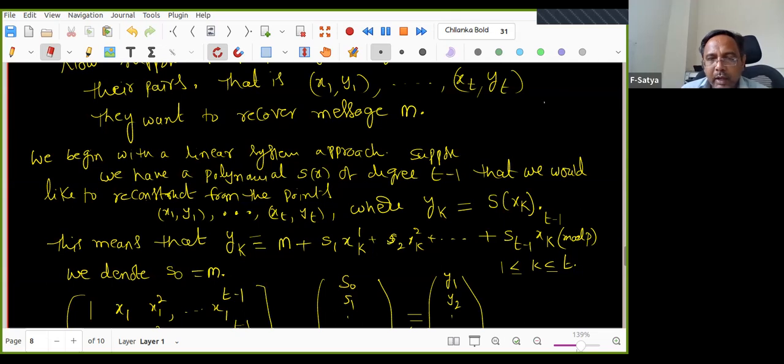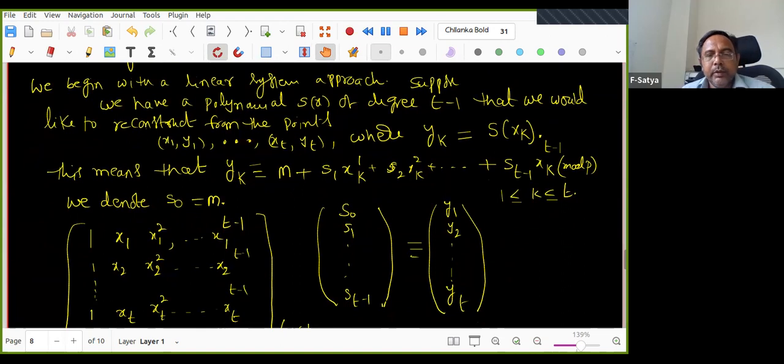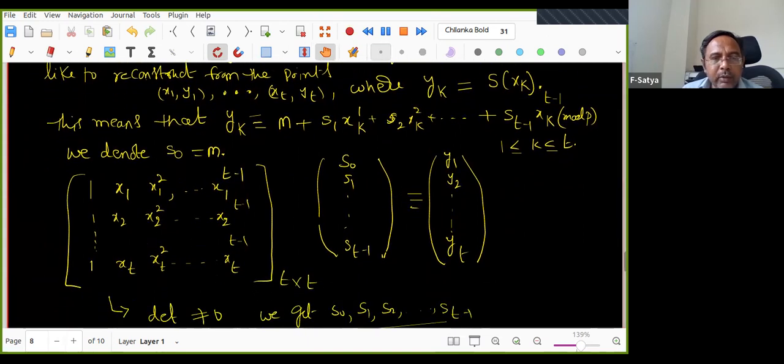How do you do that? So yk is equal to m plus s1 xk plus s2 xk squared and so on, up to s(t-1) xk to the power t minus 1, modulo p. We'll put them in rows. This is one particular row, right? So the kth row, (1, xk, xk squared, and so on), times the unknowns is equal to yk, for y1, y2, up to yt. What do the people know?